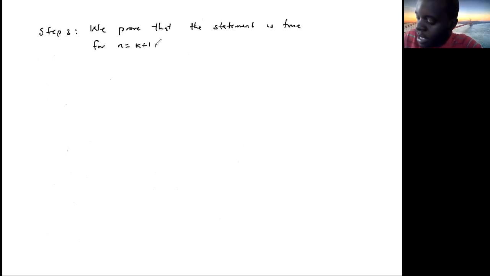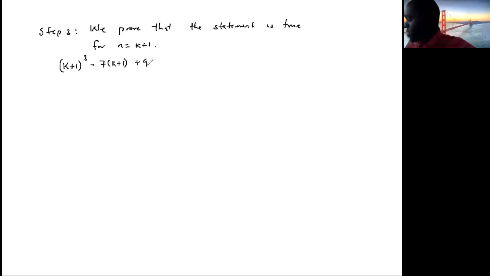So we prove that the statement is true for n is equal to k plus 1. That is, where there is n, we put (k plus 1) to the power 3 minus 7(k plus 1) plus 9.